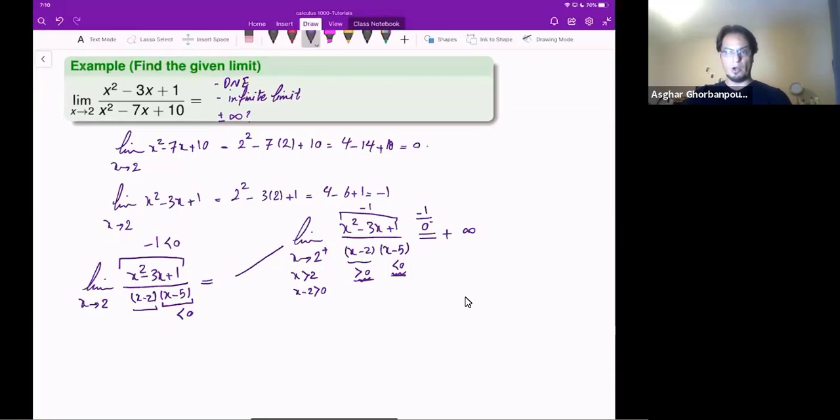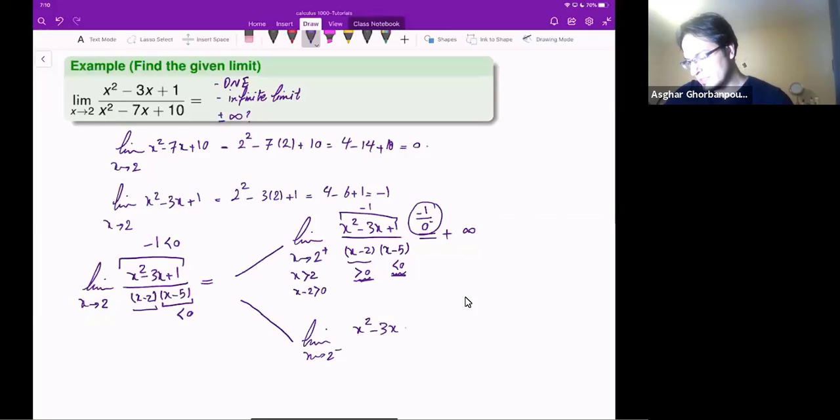It is going to be positive. But since we are dividing 1 by very small numbers, this is going to be plus infinity. A similar argument tells me the limit of this function as x approaches 2 from the left: this part is going to be negative, this part is going to be negative.